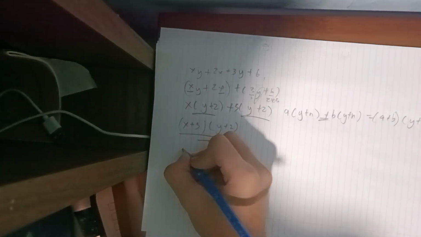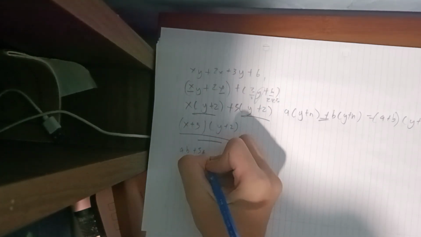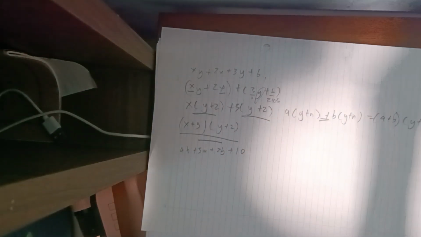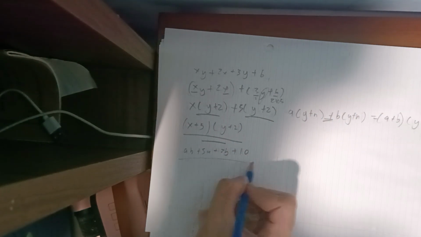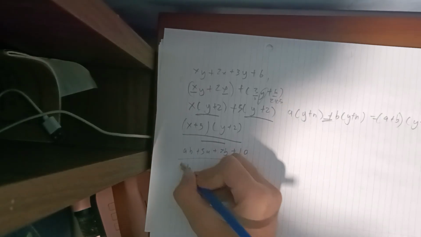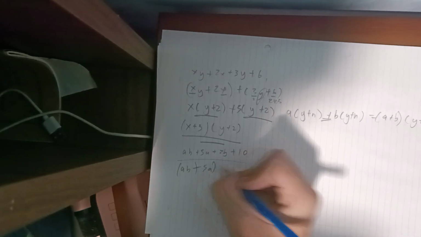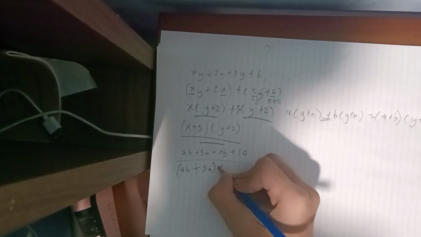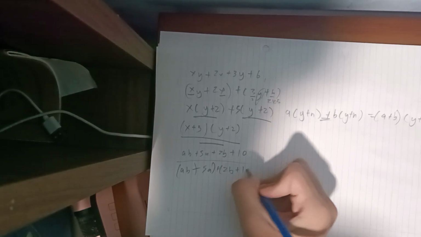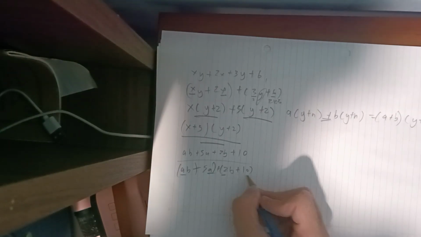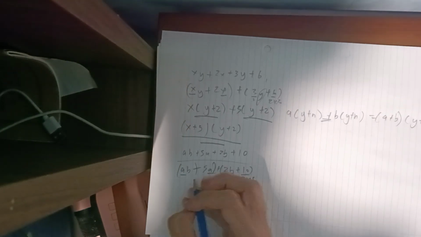Let's do one more example. ab plus 5a plus 2b plus 10. So now, let's prove this. Once again, group them together: ab plus 5a, plus 2b plus 10. Once again, here we go. We can factorize this, we can factorize this.